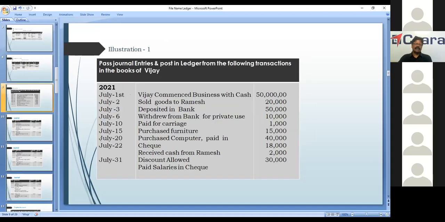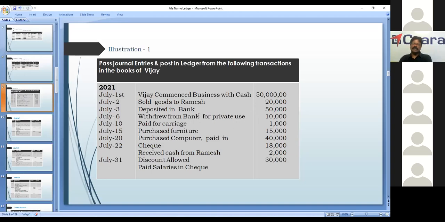Then next, withdrew from bank for personal use. When it says personal use, what term have we used? Drawings. Personal use of the owner, the proprietor. He has withdrawn money from the bank for his personal use, so it's drawings by proprietor.